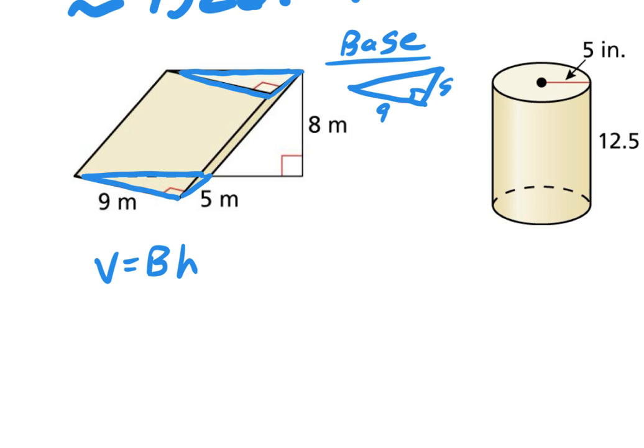I have to find the area of this base. That's why I like to redraw it, that's why I like to separate it out, because I have to find the area of big B. The base is big B, whatever that figure is. That's going to be the hard part of these problems. Your base is going to change from problem to problem.